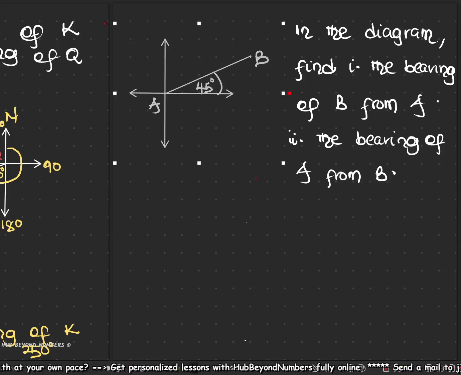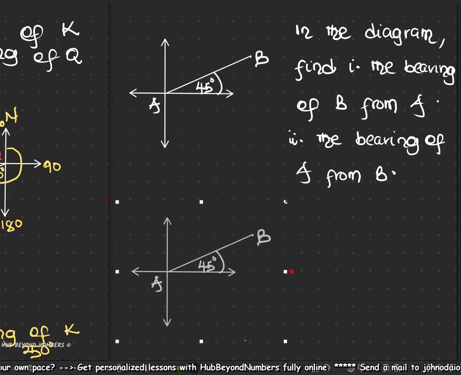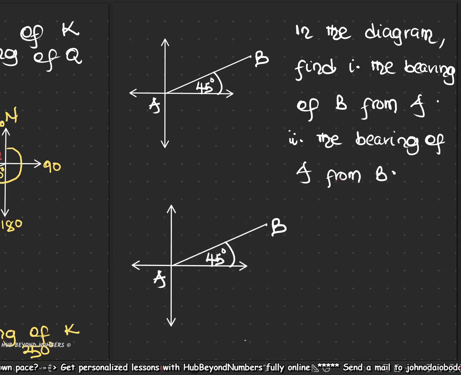So if I'm to copy this, then this is what we were given here. If you want to find a bearing, then you need to indicate where your north is. So this is where I have my north. And if we are measuring three-figure bearing from the north, then this is the angle we need to represent our bearing.